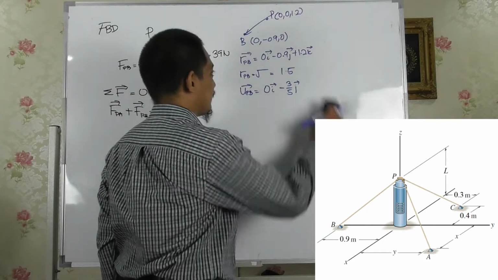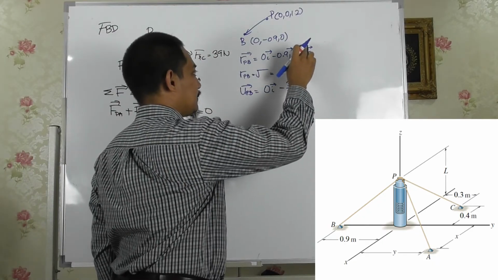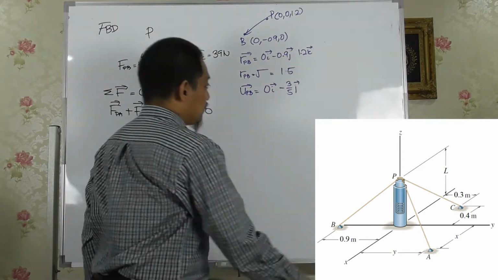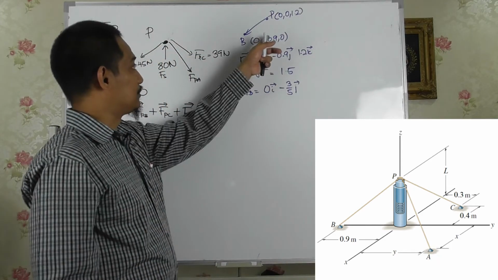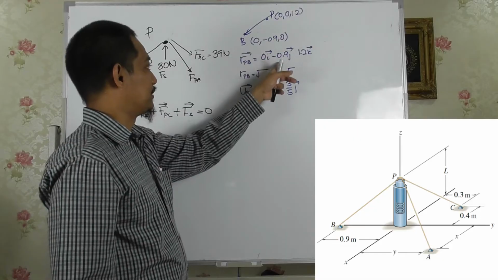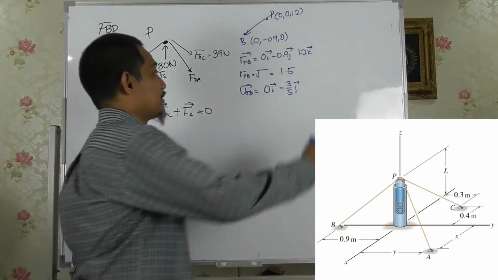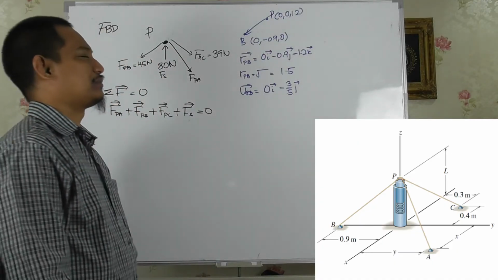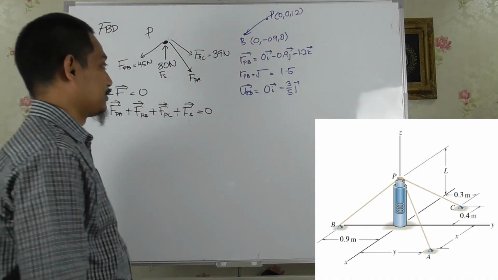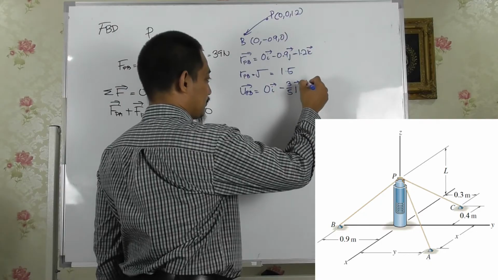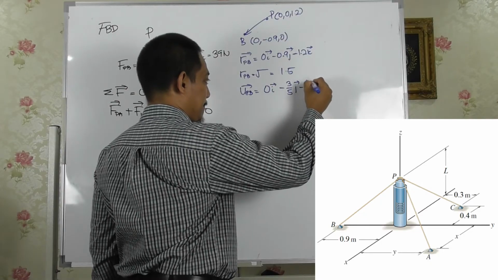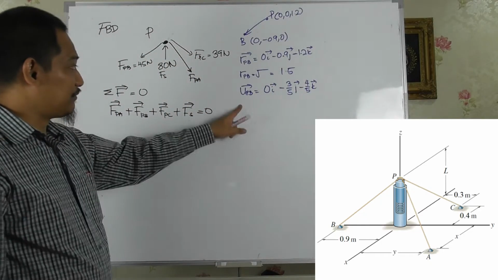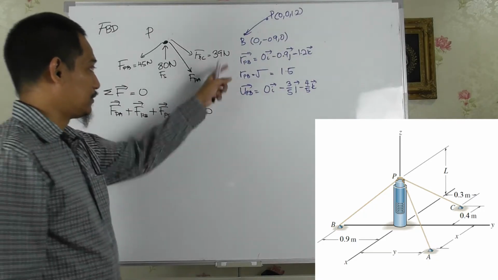It should be negative, right? 0 minus 0 is 0, 0 minus 0.9 is negative 0.9, 0 minus 1.2 is negative 1.2, right? So it will become minus 4/5 over here. That would be the unit vector for this one.